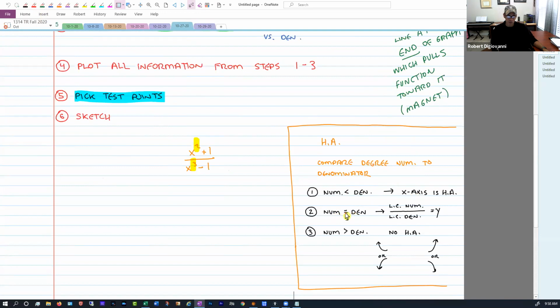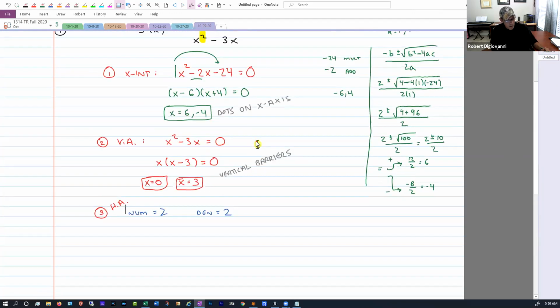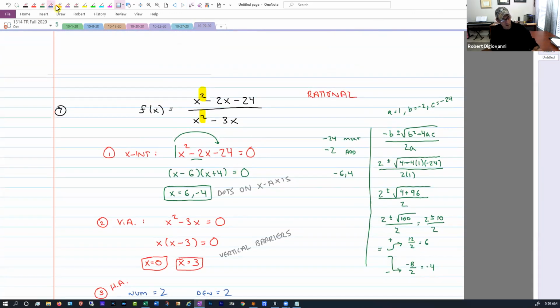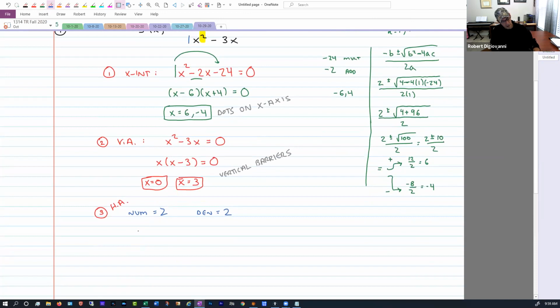If they're equal, then it's going to be the leading coefficient of the numerator divided by the leading coefficient of the denominator. LC there means leading coefficient. So I need to go back over here and look at the numbers in front because the degrees are equal. I have a 1 and I have a 1. So I'm going to say that y equals 1 is my horizontal asymptote.